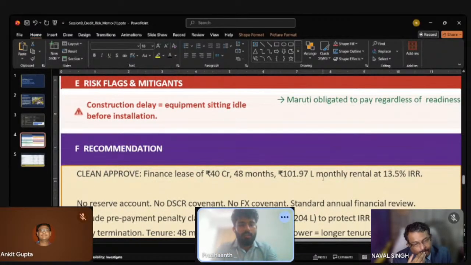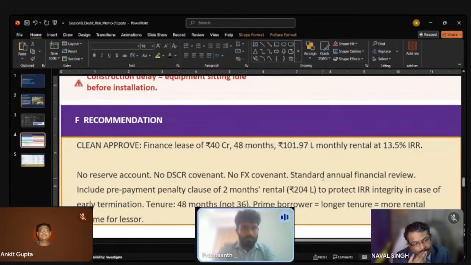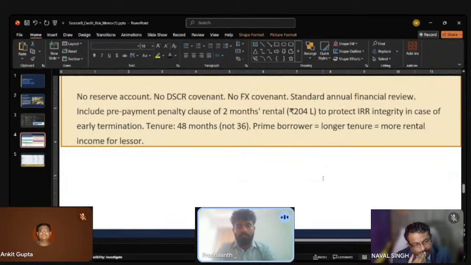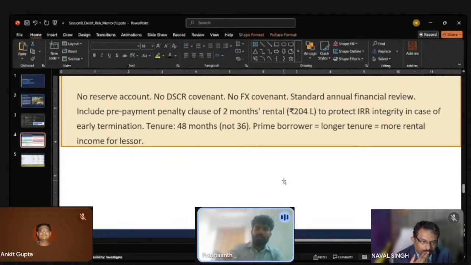So our recommendation, given all of this, is a definite clean approve without any reserve account, because they are well able to pay their lease payments on time, and we can definitely include a kill payment penalty clause of 2 months' rental just to protect IRR, because one factor that is also contributing to IRR, which we'll see in a while, is the residual value which occurs at the end of the lease period.